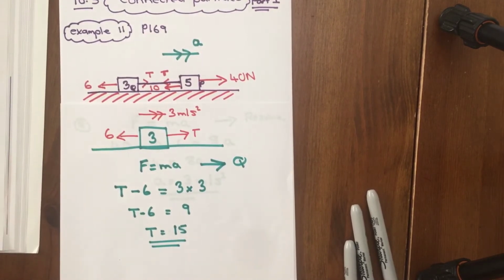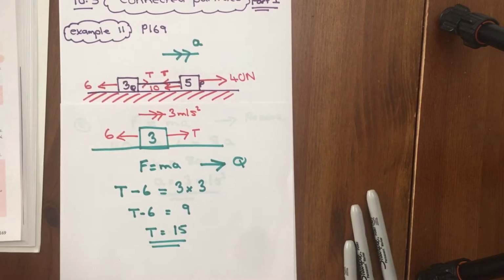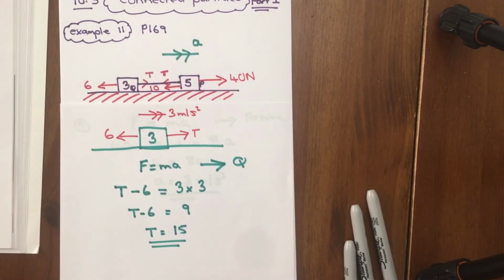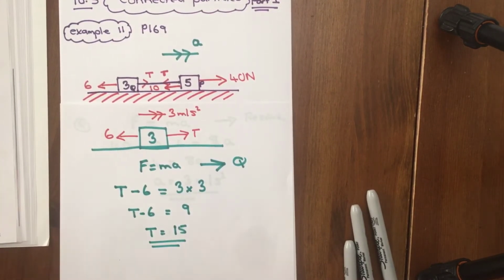And then the last question in C says, explain how the modelling assumptions that the string is light and inextensible have been used. Well, a light string has been used, so therefore we do not need to worry about its mass.